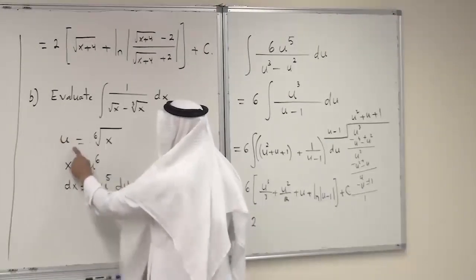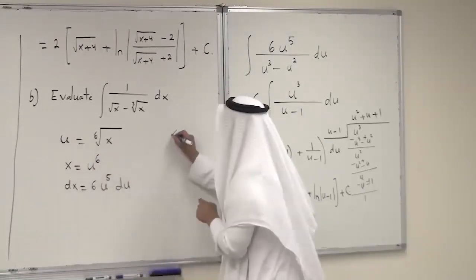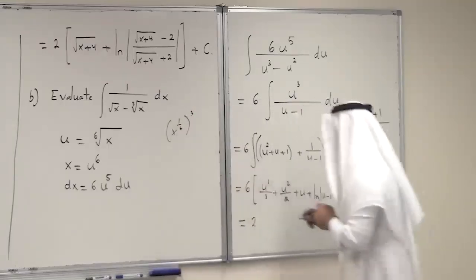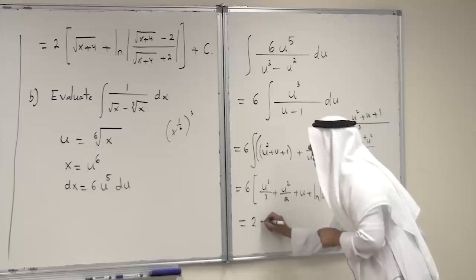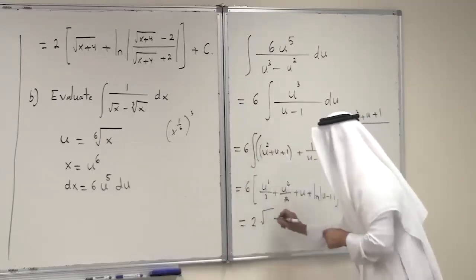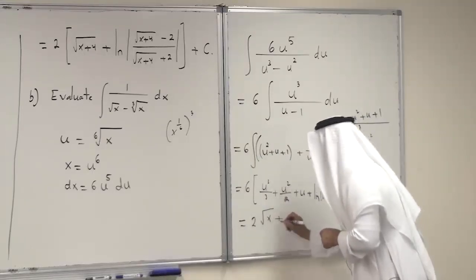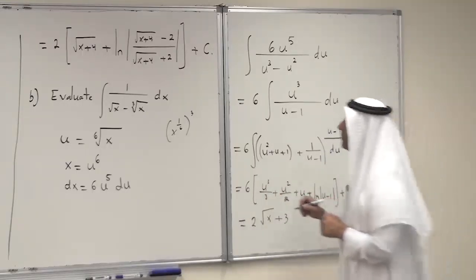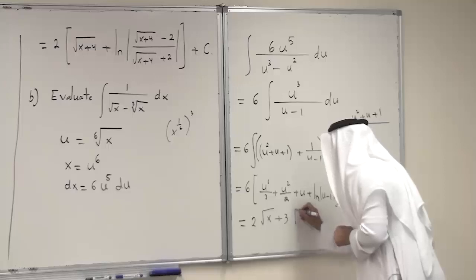When you cube it, what do you have? You have x to the power 1 over 6, all cubed. That is only the radical of x, because 3 over 6 is 1 over 2. Plus, what is 6 over 2? That is 3. What is u squared? u squared will be the cubic root of x.